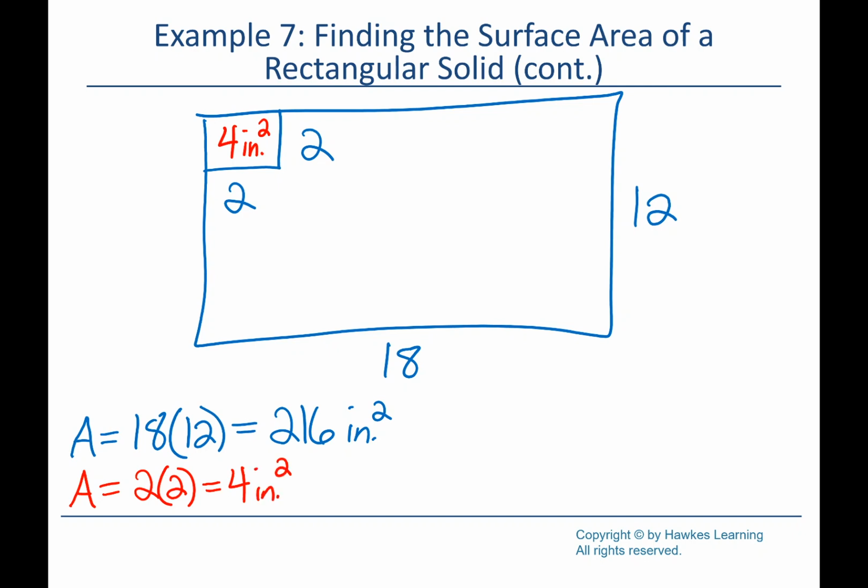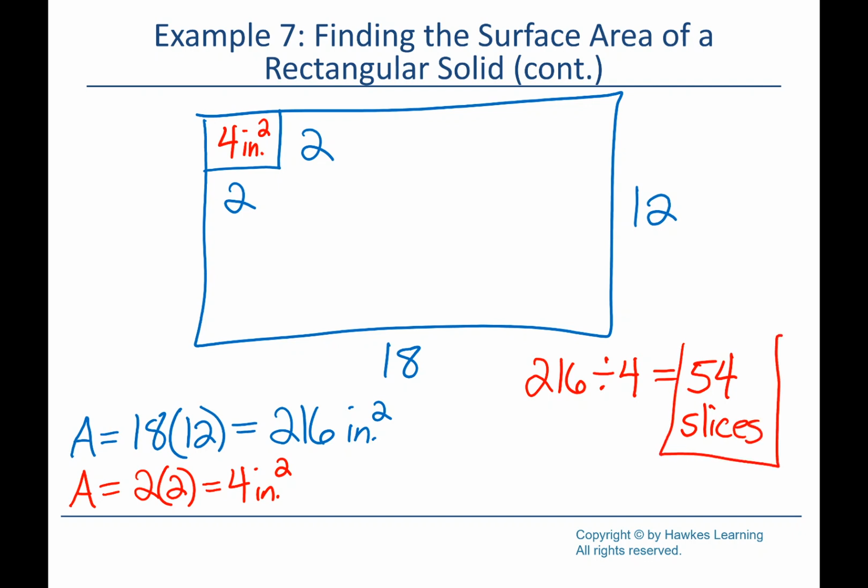And then we can just divide. We'll get 54 slices of cake. Those are little bitty pieces though. You'll get 54 slices out of that.